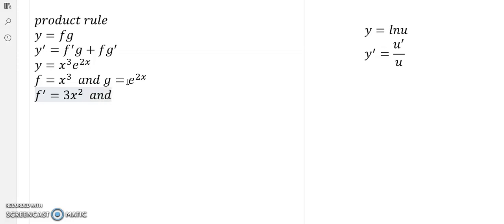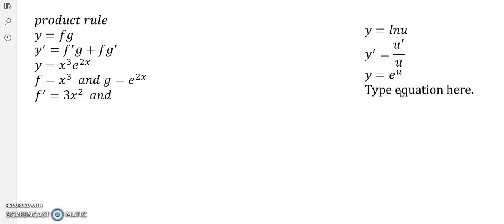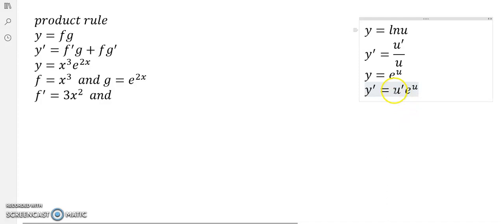the derivative of this one is, to differentiate y, we're going to do it like this. It will be y prime equal to u prime e to the power u. Yeah, just like that. Then in our case, the whole of u is 2x.